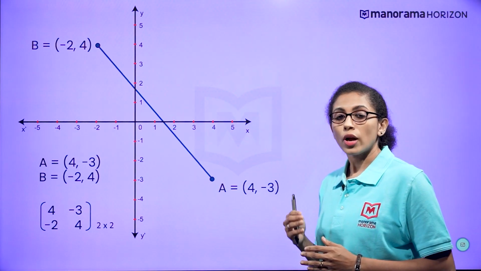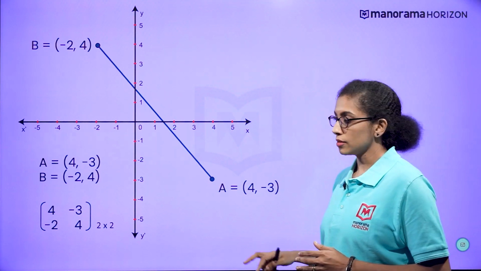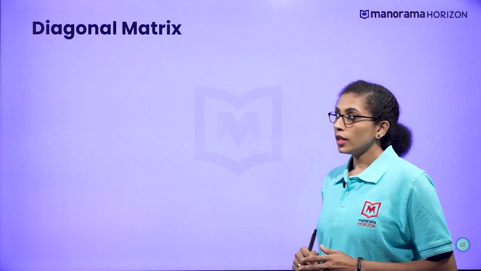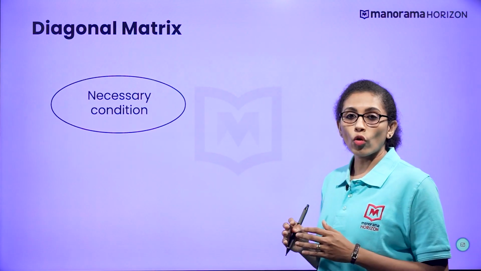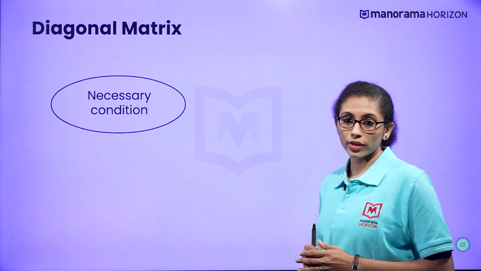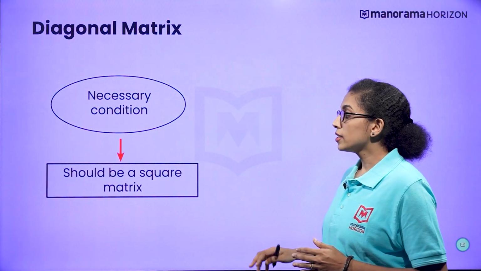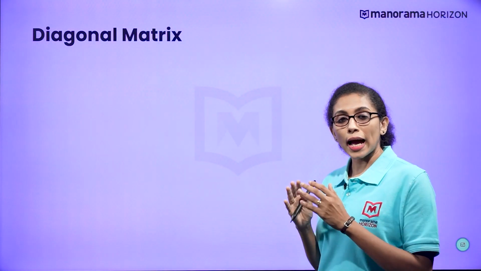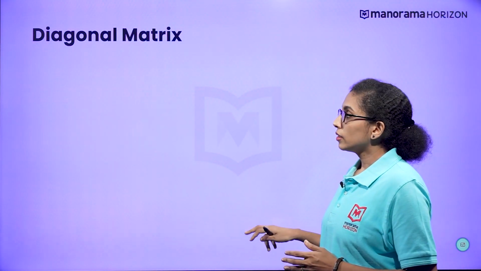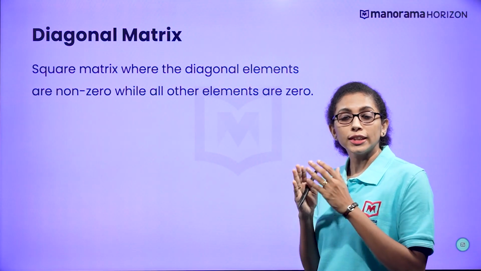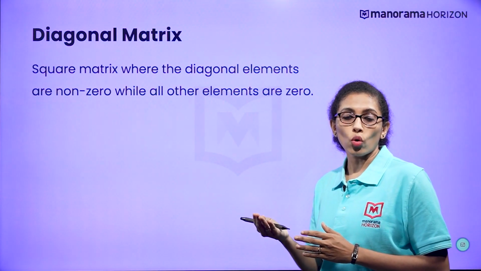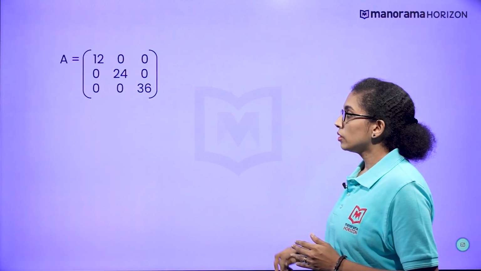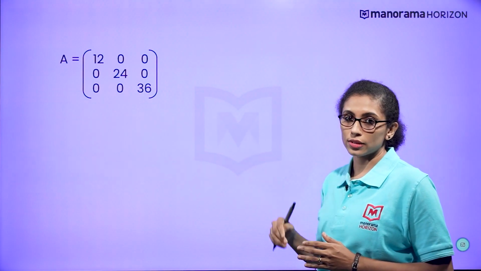Continuing this, we have another type of matrix which is the diagonal matrix. The necessary condition for a matrix to be a diagonal matrix is that it should be a square matrix. Thus, we can define a diagonal matrix as a square matrix where the diagonal elements are non-zero while all other elements are 0. Let's see one example. Consider a 3 by 3 matrix.